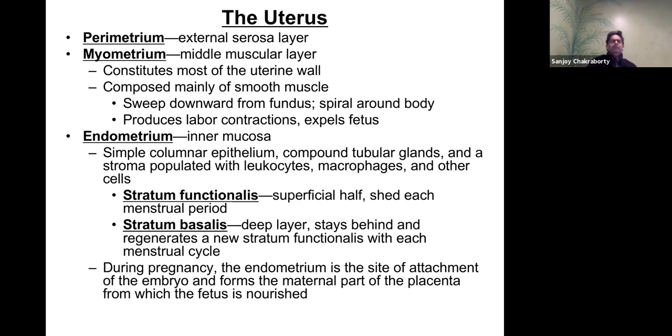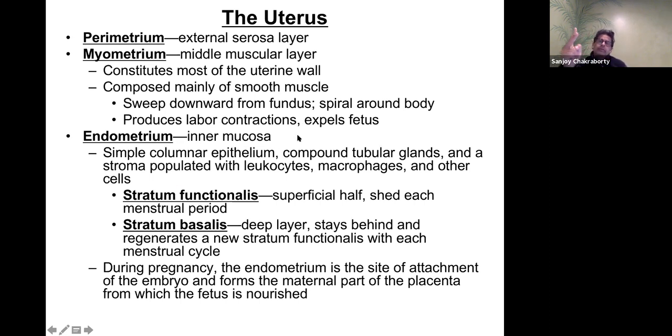We studied that multiple times in the digestive system as well. Myometrium is the smooth muscle layer, the main muscle layer that can support the fully grown embryo or fully grown fetus. Endometrium is the inner mucosa.